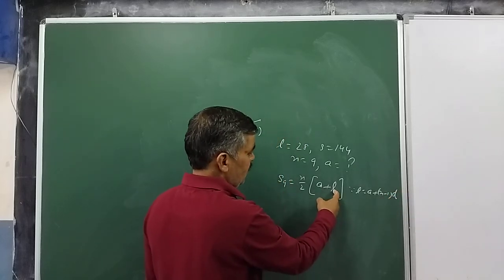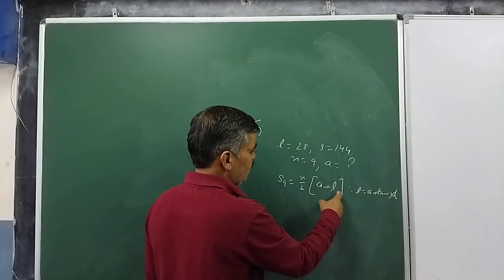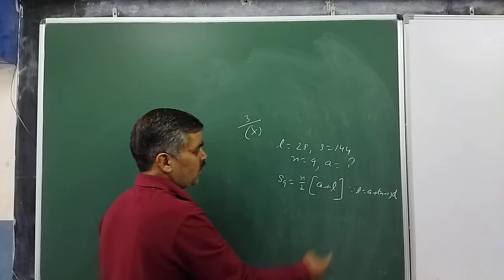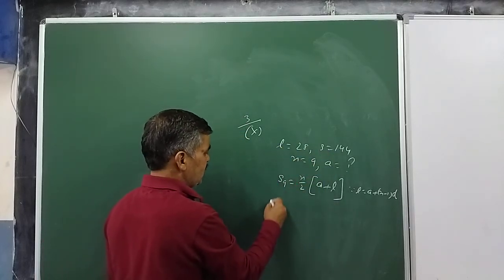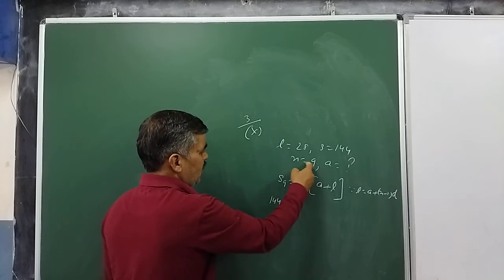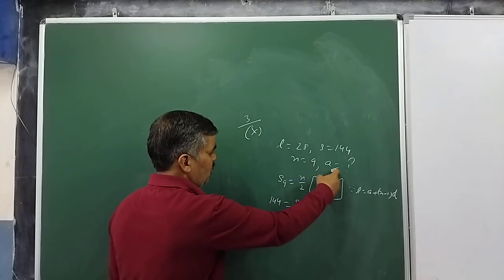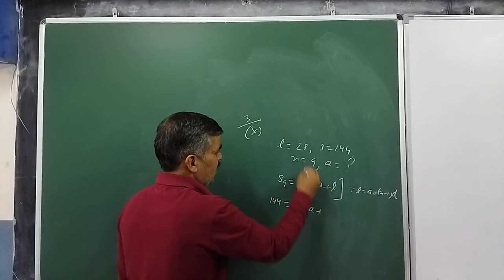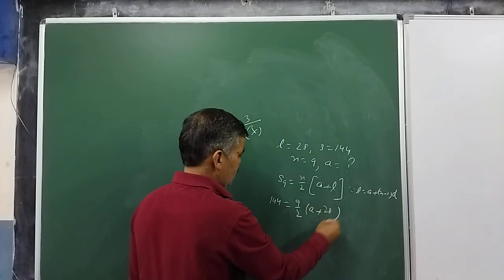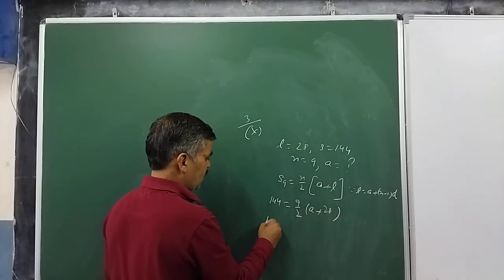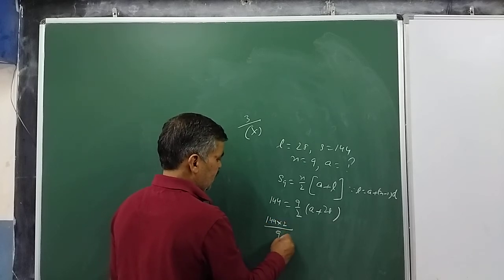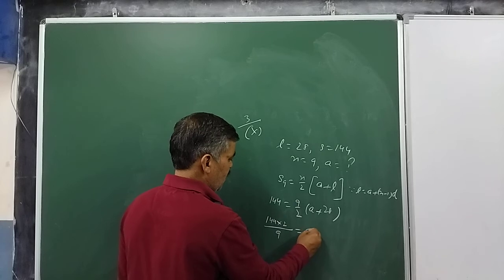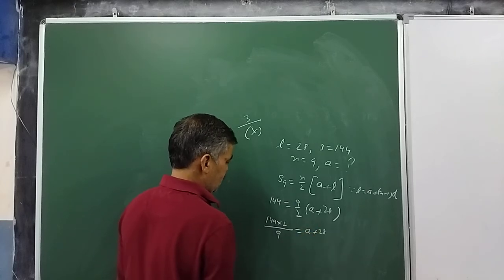So if you use that a plus n minus 1 into d, again you will be back to Sn's term, 2a plus n minus 1 into d. So n is given directly, S9 is 144, n is 9, 9 upon 2, a is missing, last term is 28. So here you can go from this, 144 into 2 upon 9 is equal to a plus 28.